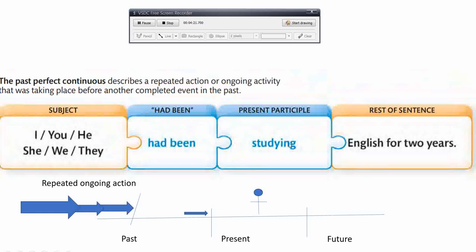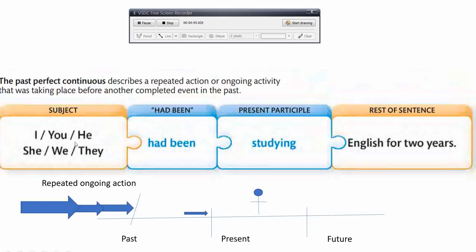Now we are using the participle, that means ing form of the verb, because the action continued. In this sentence it is not mentioned whether it is continuing at the time you are talking or not, but the action continued. That is what is being mentioned in the sentence.